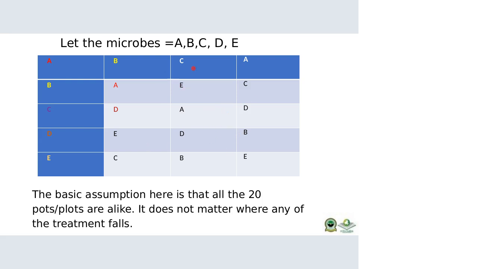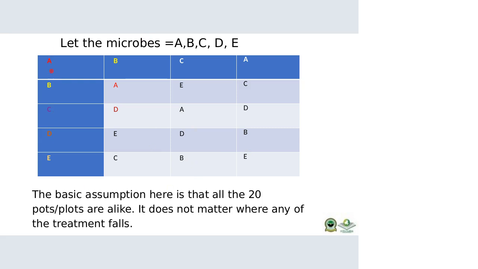So I believe it is clear to you. The basic assumption here is that all the 20 plots or pots are alike, and they have effects from the left, from the north, from the west, from the south, all randomized. It does not matter where any of the treatment falls.